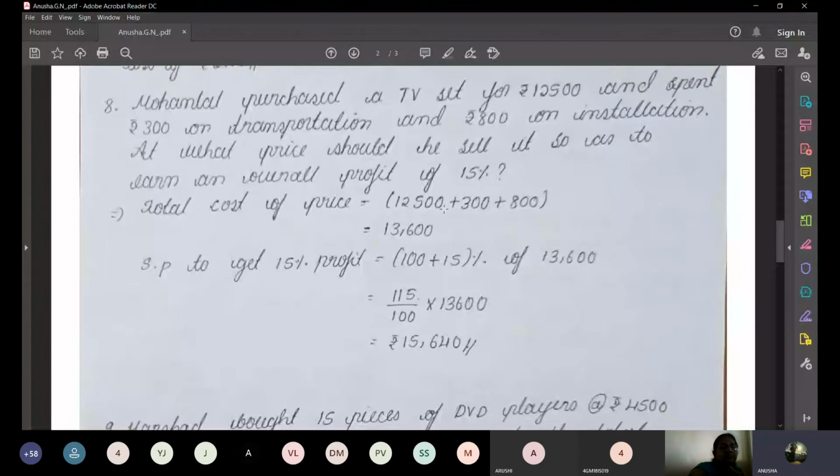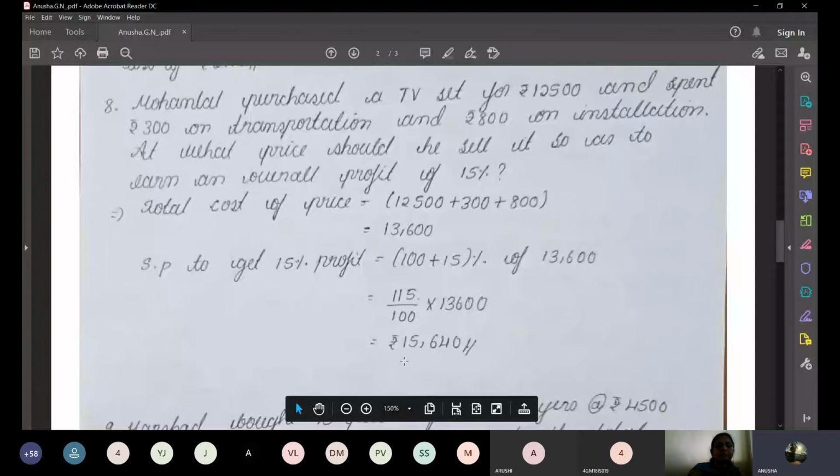After adding this we will get 13,600. 13,600 will be the real amount he invested to purchase the TV. To find the selling price, we need to solve 115 into 13,600 divided by 100. After solving this we will get rupees 15,640. So he sells the TV for rupees 15,640, then it will be a profit for him.